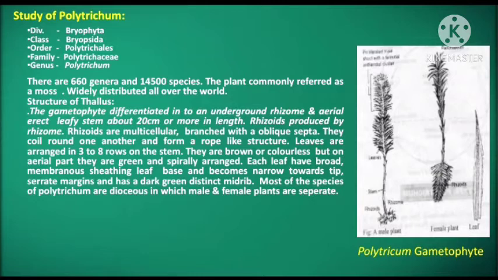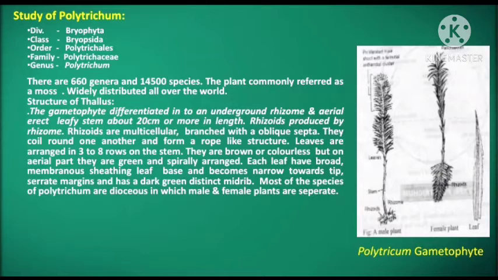The underground rhizome produces the rhizoids. These rhizoids are multicellular, branched, and with oblique septa. They coil round one another and form a rope-like structure.